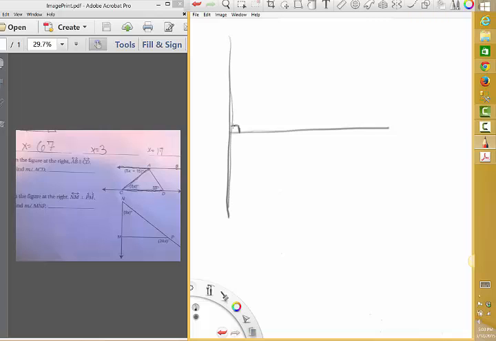So this angle right here is 90 degrees. And this is also a triangle, so it's line NM and line PM.